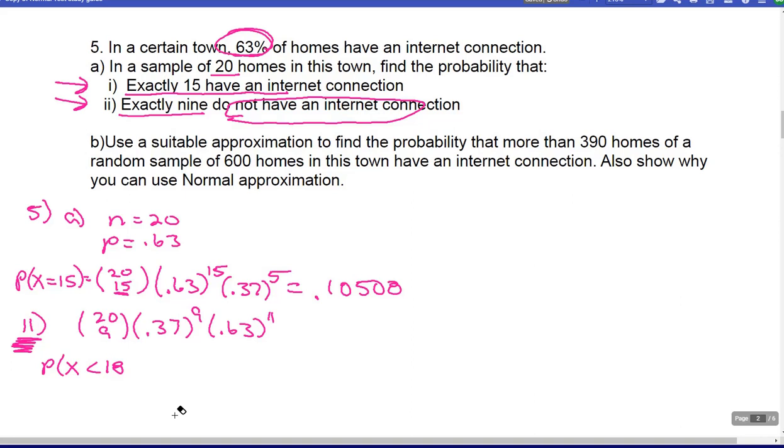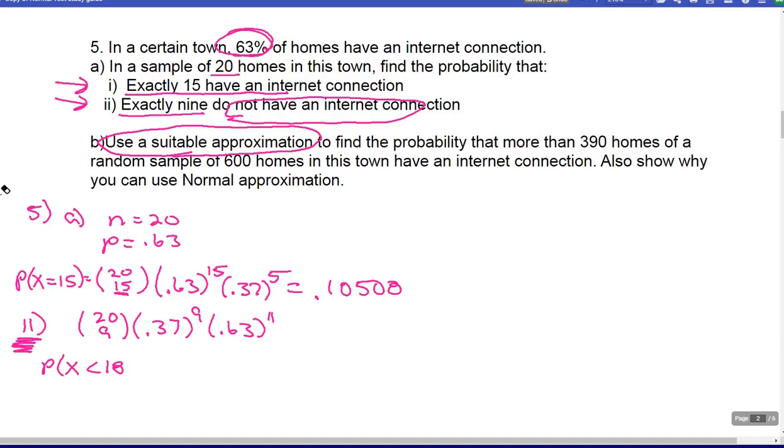Now tell me about B. What are we doing now? What's happening? They want us to find the probability that no more than 390 homes of... What's the key words here? Suitable approximation. All right, now, this is super important.